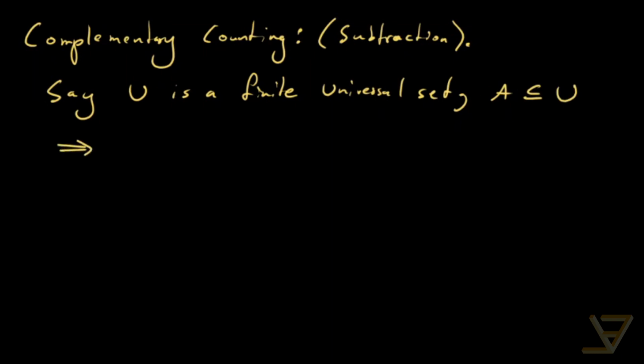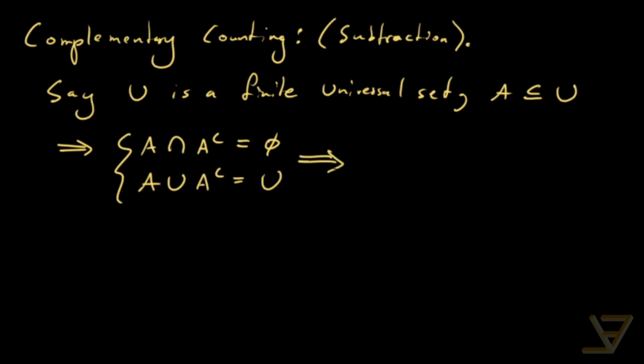Then A intersection A complement is obviously empty, but A union A complement, so the complement of A in the universal set U, is equal to U. And by the addition principle or casework, that means that the cardinality of A plus the cardinality of A complement is equal to the cardinality of U. And that means we can determine the cardinality of A complement using subtraction.